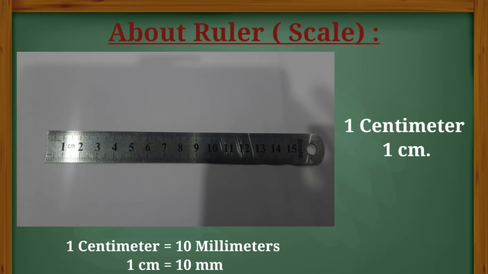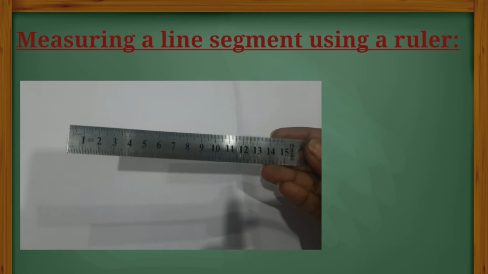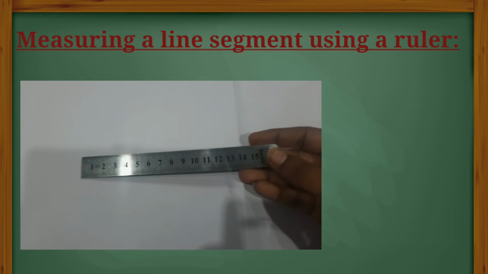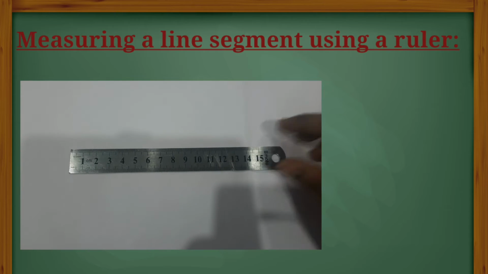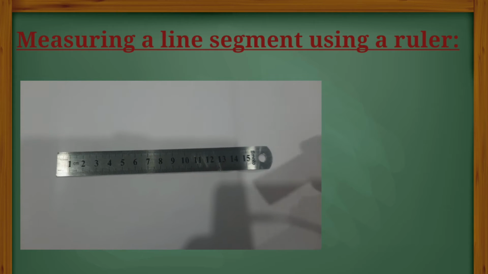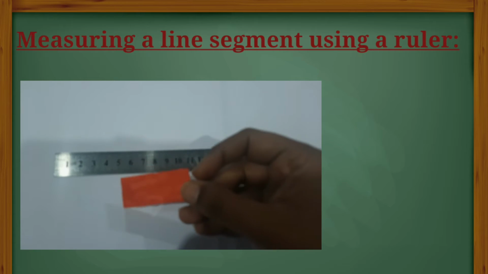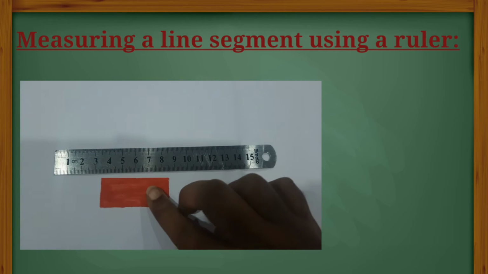Now we'll learn how to measure an object or a line segment with the help of a ruler. Here I have taken a ruler and a red colored paper. I am trying to measure the length of the paper with the help of the ruler.